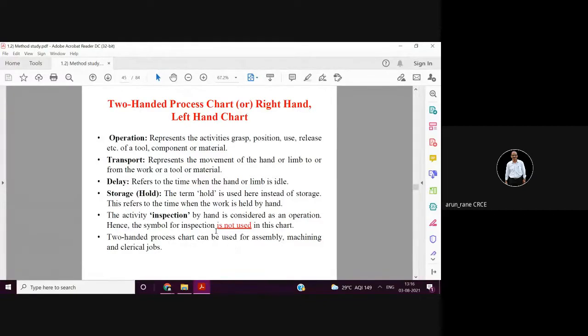So again, you have here operation. Operation means how you are grasping, how you are positioning. That is micro motion study. How you are releasing, how in transport, the delay. Then storage, which is also called the hold. Then your inspection. So all these activities are checked.